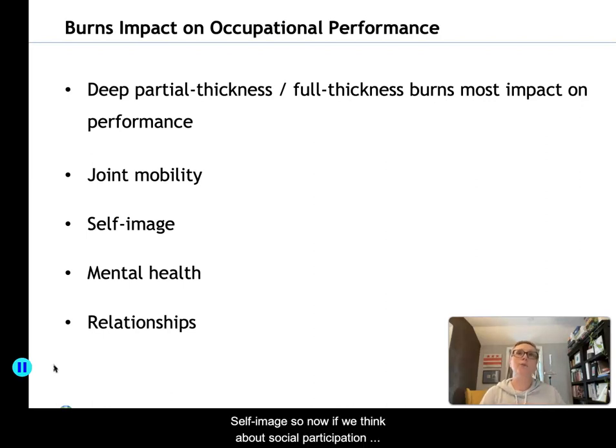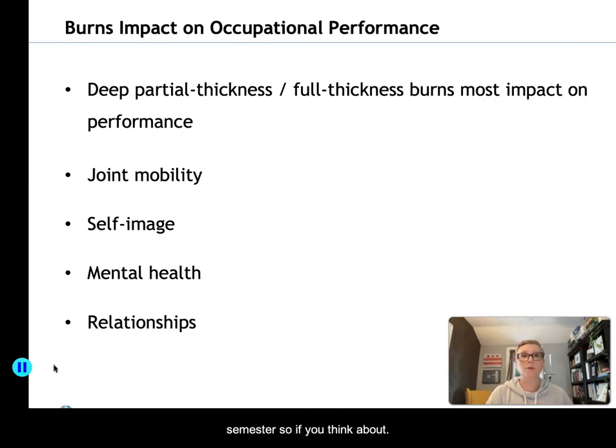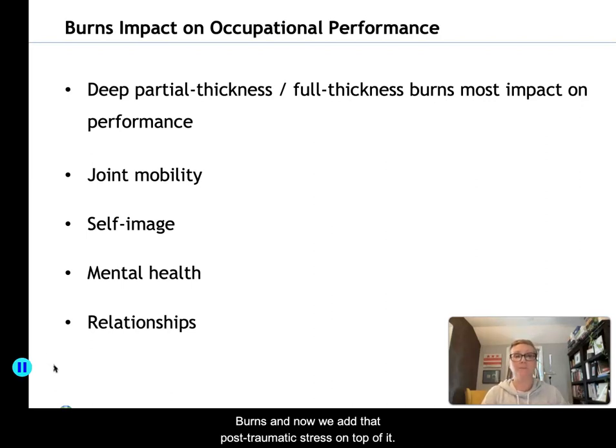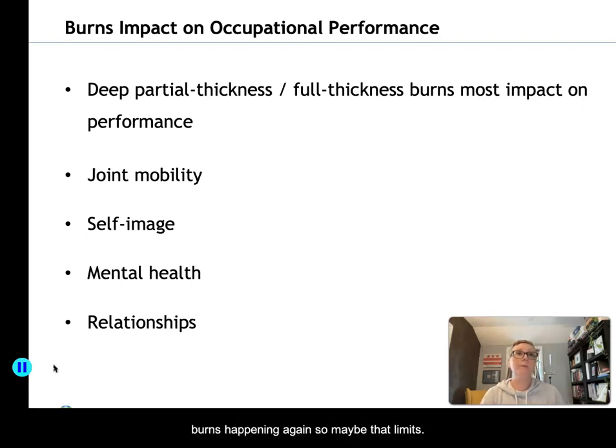So now if we think about social participation, visiting with friends, going out into the community to the grocery store, how does that impact our client? There can be a fair amount of PTSD, post-traumatic stress disorder, which is another condition that we will be visiting later on in the semester. So if you think about burns, and now we add that post-traumatic stress on top of it, and the fear that's behind it, fear of pain, fear of burns happening again.